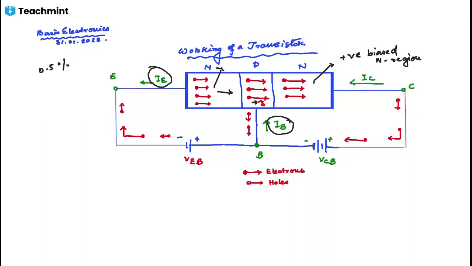There is another component of collector current due to thermally generated minority carriers. So what are the thermally generated minority carriers in this case? Holes.